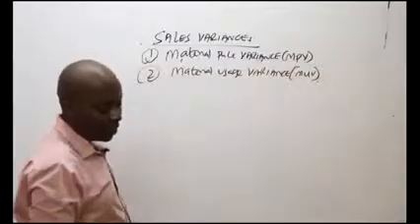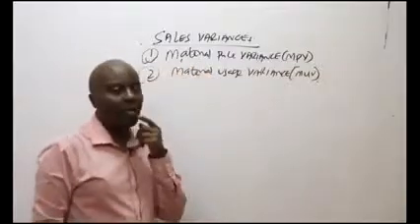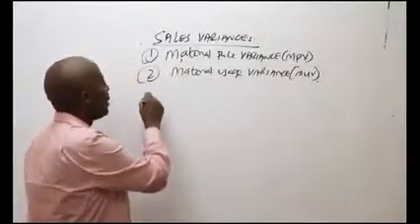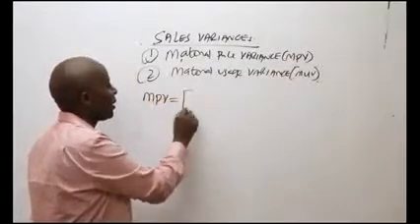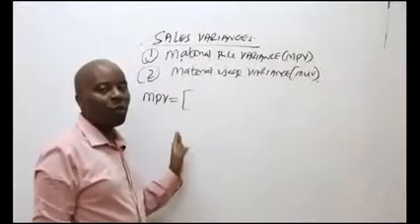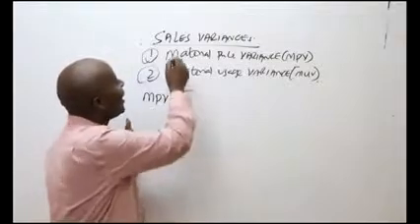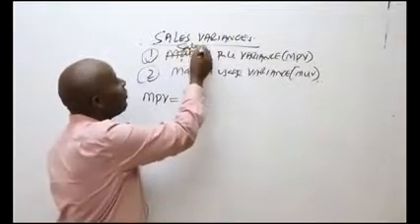So we have the material price variance and the material usage variance. We start with the first one, which is... how do we get material price, or not material, sales? I'm going back. This is supposed to be sales.